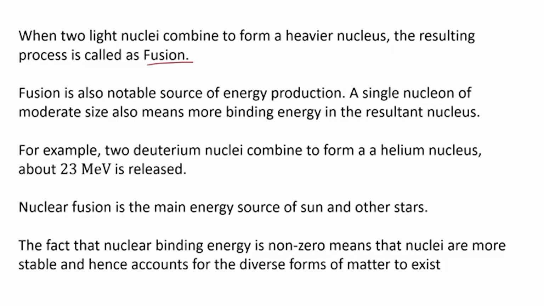A single nucleon of moderate size also means more binding energy in the resultant nucleus, that is the one forming out of this fusion. For example, if two deuterium nuclei combine to form a helium nucleus, about 23 MeV energy is released. In fact, this nuclear fusion is the main source of energy for the sun and the stars.